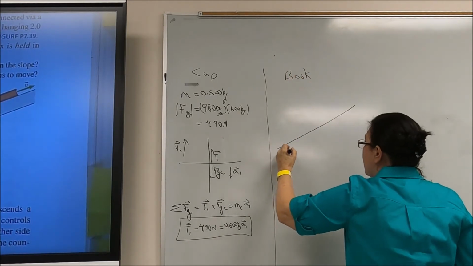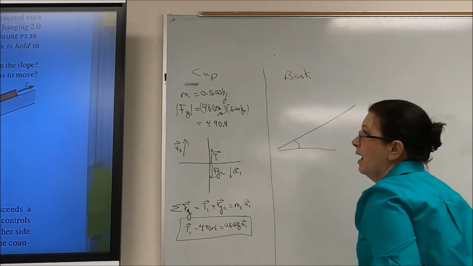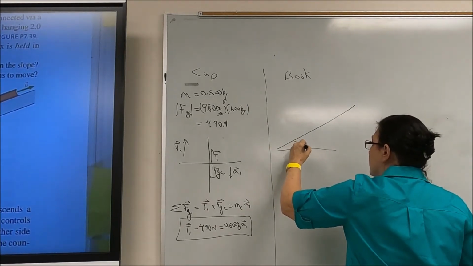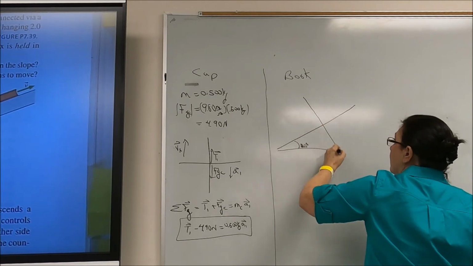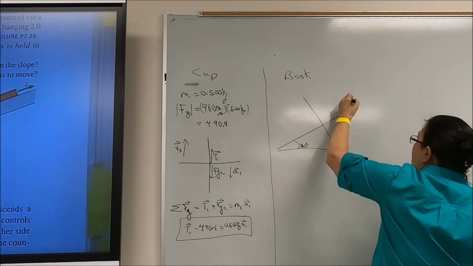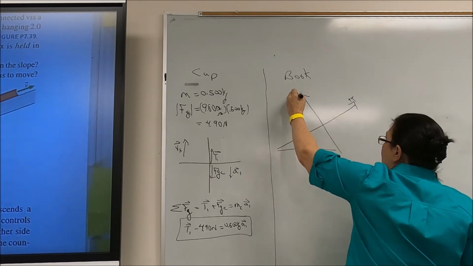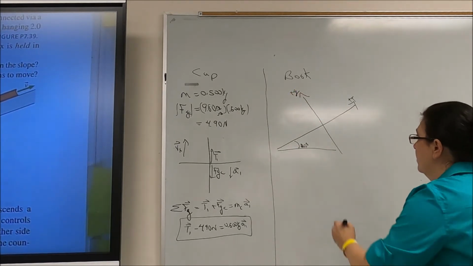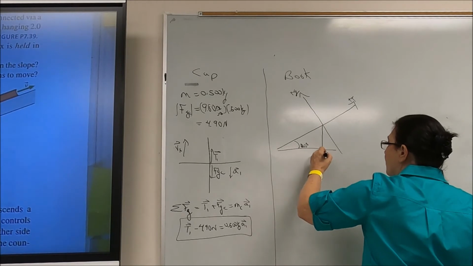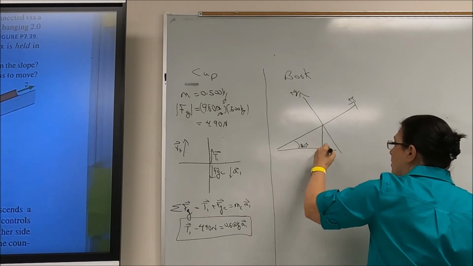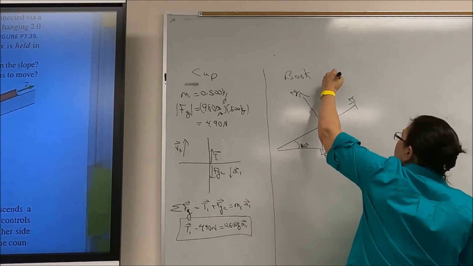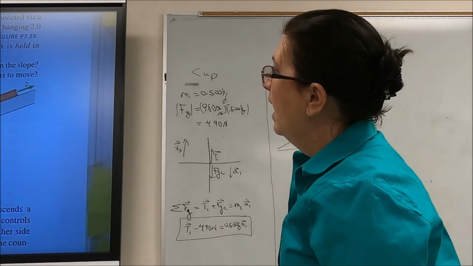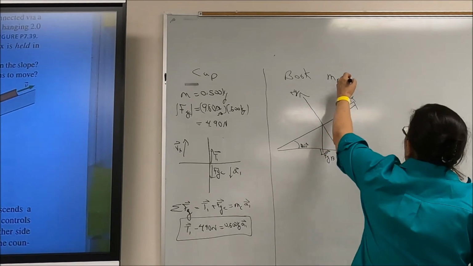Now the book is on an inclined plane, and this angle is 20 degrees. Okay? I'm going to make my plus x-axis up the inclined plane. My plus y-axis then is perpendicular. We've got a force due to gravity on the book. The mass of the book is given to us as 1 kilogram.